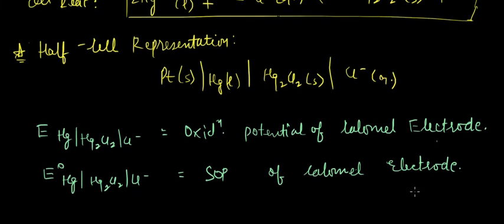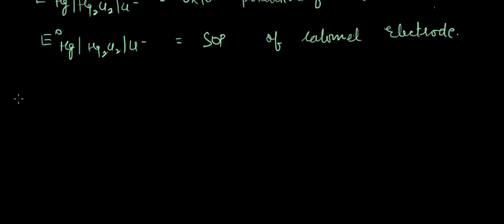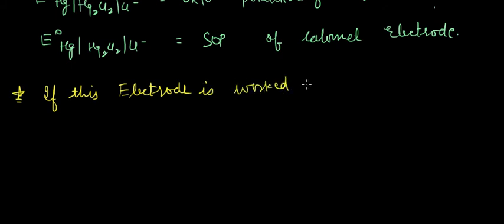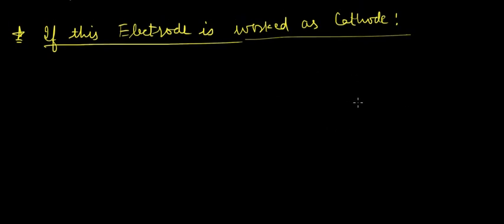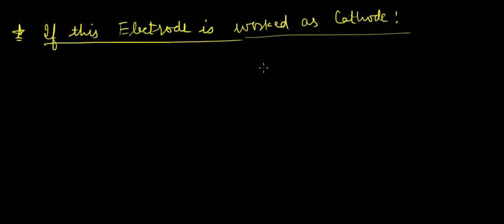Okay, next we see what actually happens when the same electrode is worked as cathode. So I will request you to work upon this and derive how this electrode would work as cathode, and we will discuss the same in the next lecture. So till then, good luck and goodbye.